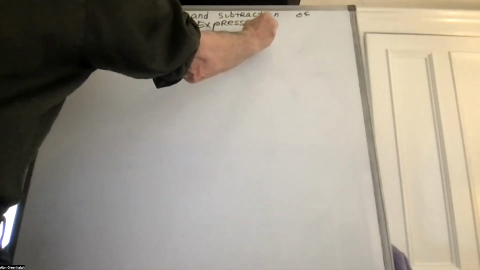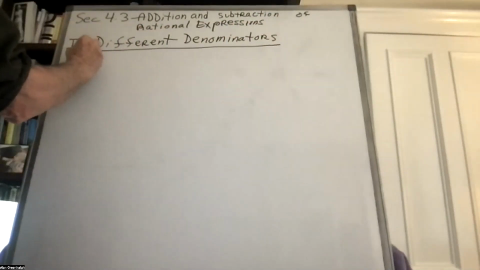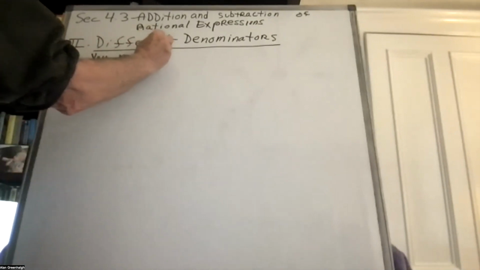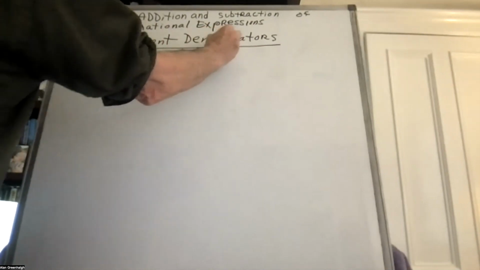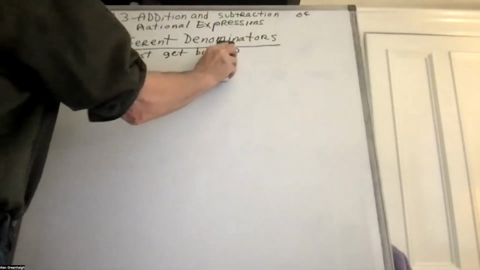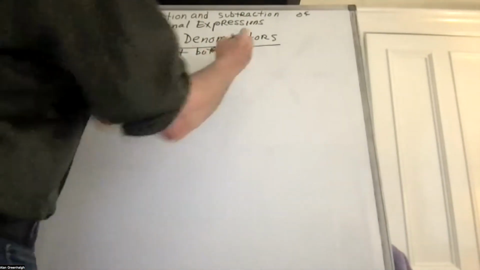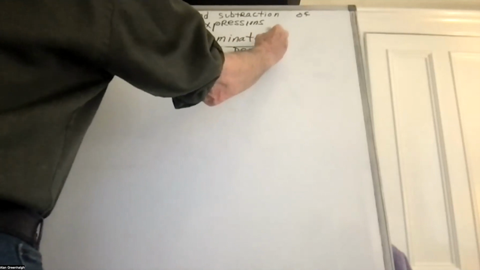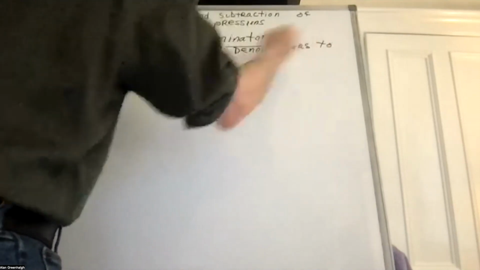And the goal here is you must get both denominators to be the same. See, I know my math, but I don't know my spelling, right? You must get both denominators to be the same.